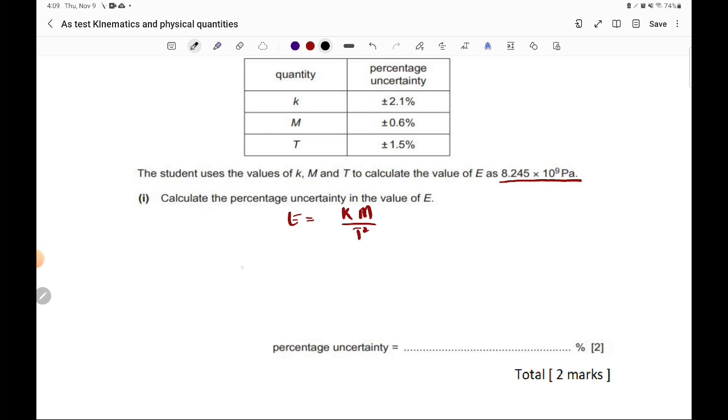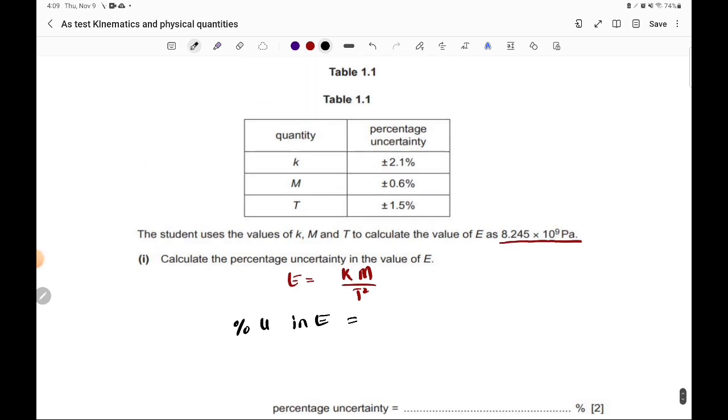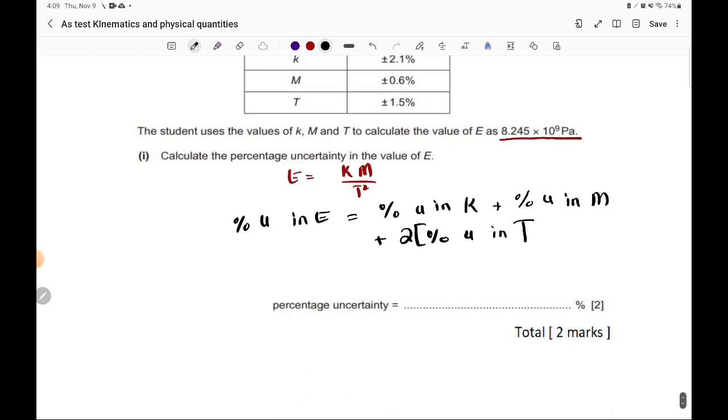The percentage uncertainty in E should be equal to the percentage uncertainty in K plus the percentage uncertainty in M plus 2 times the percentage uncertainty in T.